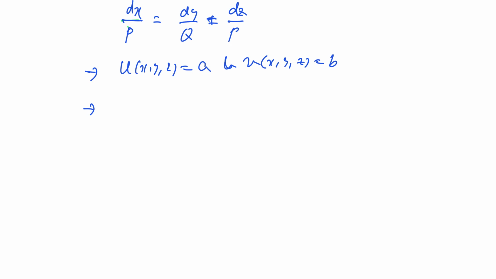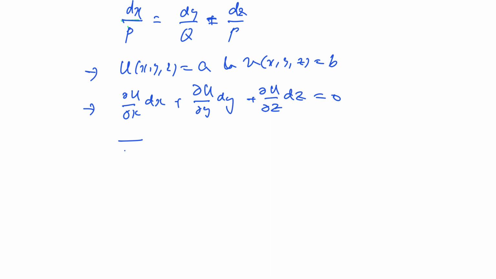And from this we have two equations: ∂u/∂x dx plus ∂u/∂y dy plus ∂u/∂z dz is equal to 0, and ∂v/∂x dx plus ∂v/∂y dy plus ∂v/∂z dz is equal to 0, right?